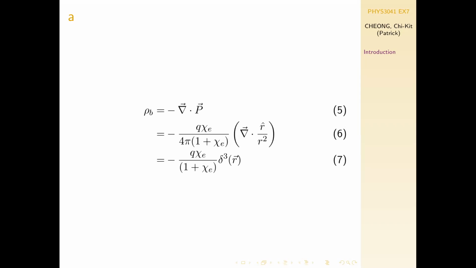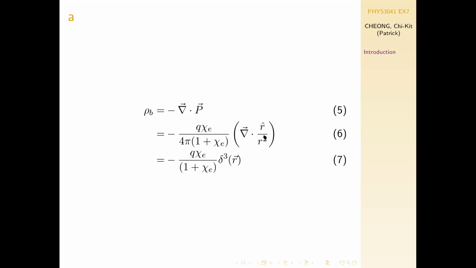With the polarization, we can work out both the bound charge density and the surface bound charge. We recall that the bound charge density equals minus the divergence of the polarization, as shown in equation 5. Then we simply substitute the polarization we obtained just now into this equation, and we reach equation 6.